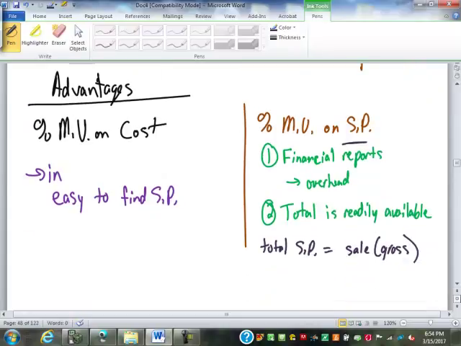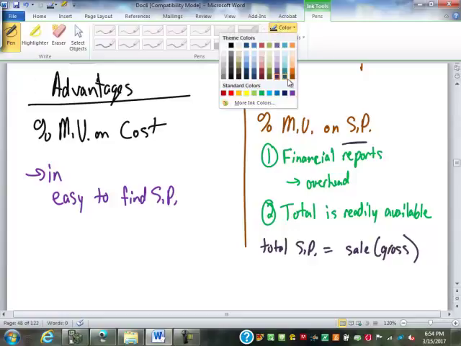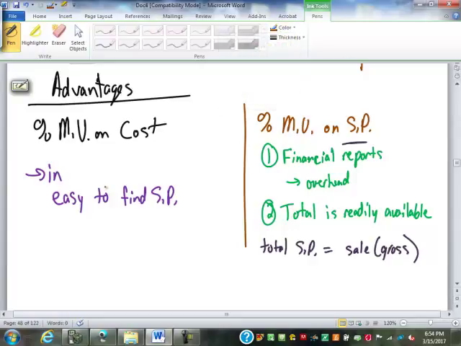So you just go to your cash register and pull a report off the cash register. There it is. You have the total selling price. So at the end of the month, it's really easy to figure out what is your total markup if you have that total sales. So like I said, even though the markup on cost makes more sense, it's easier to understand, markup on selling price is actually more useful.